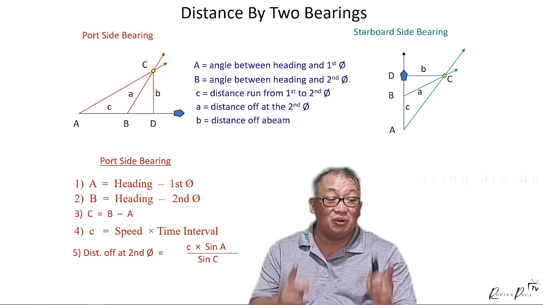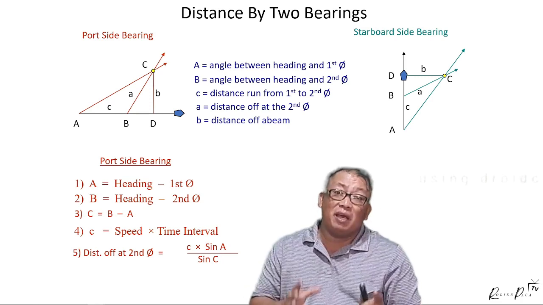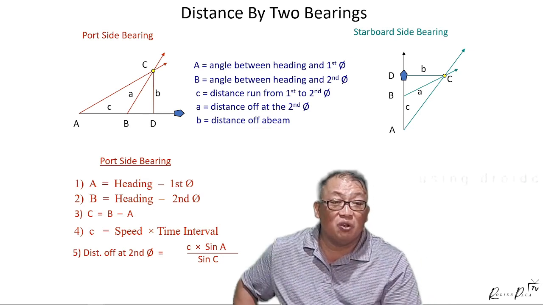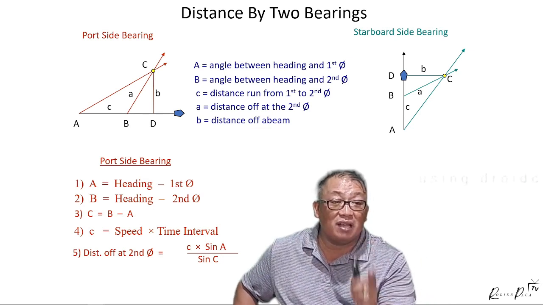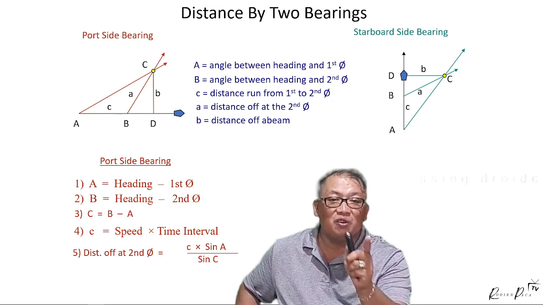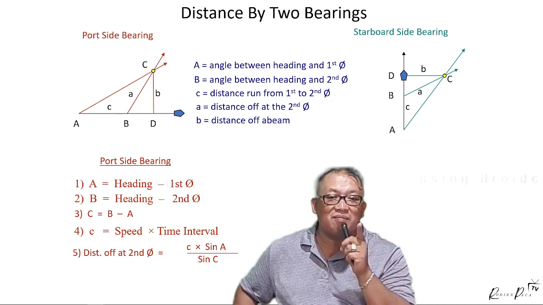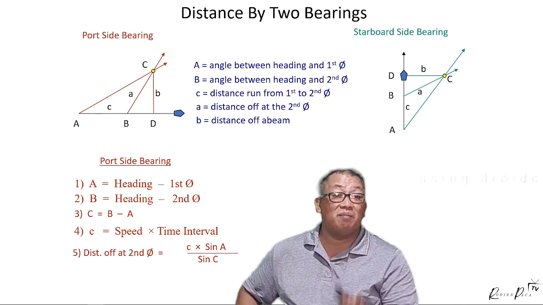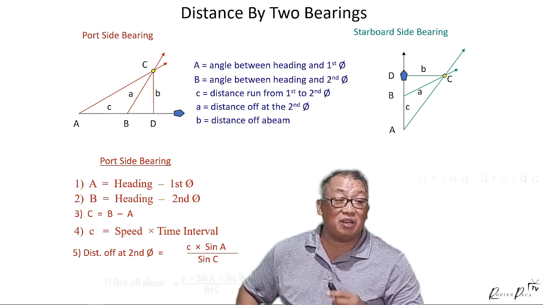All you have to do is to understand. Because during examinations and at sea, you can no longer memorize or remember the formula. Your basic skill as a mariner would come in and you can still solve the problem. This is what I am teaching you.